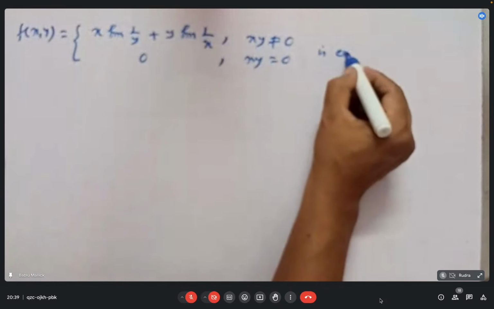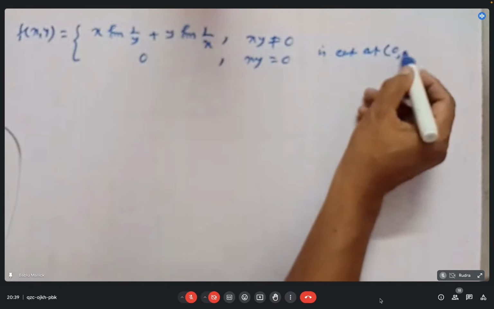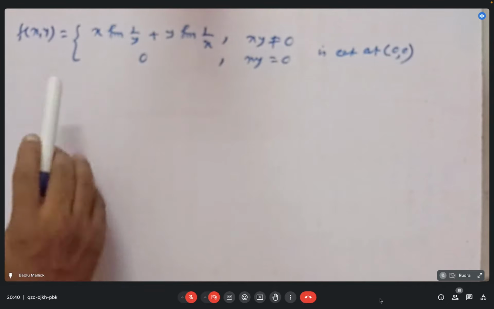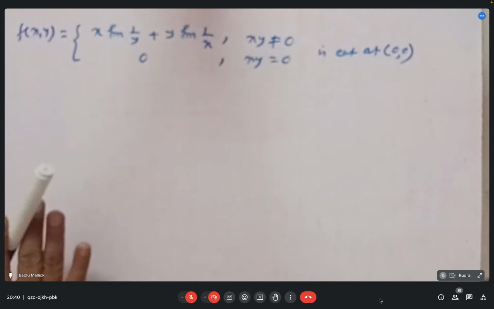It is continuous at (0, 0). We shall show that it is continuous at the point (0, 0). The same question they may give you as a limit also.